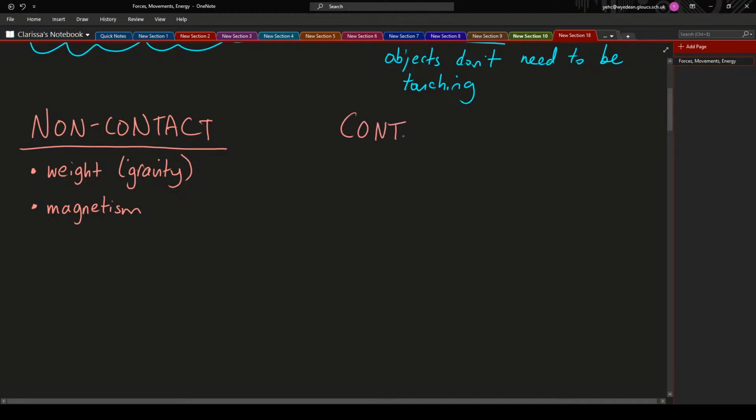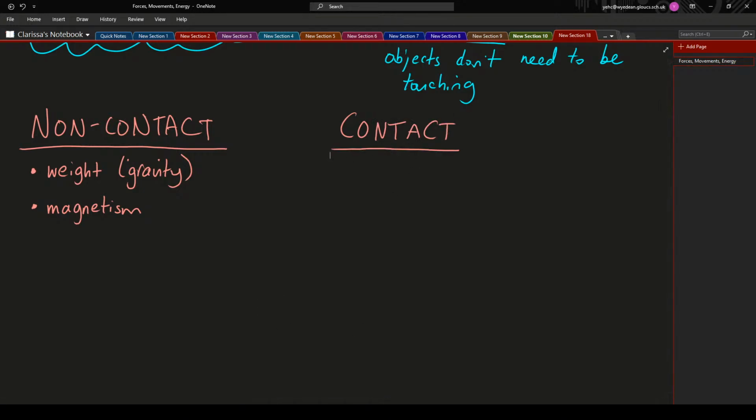Now we'll move on to the contact forces. These are not every single force in existence. These are common examples that you would have to know.